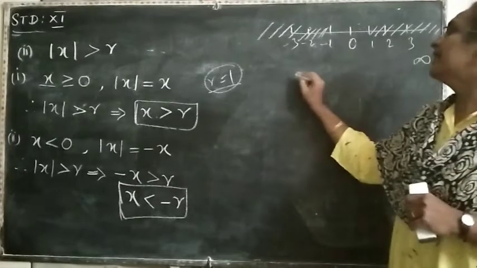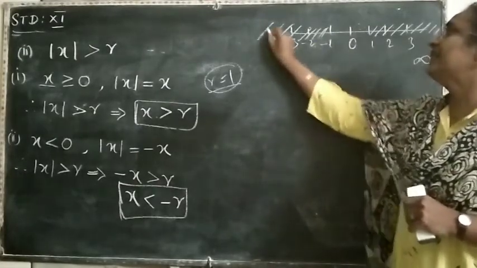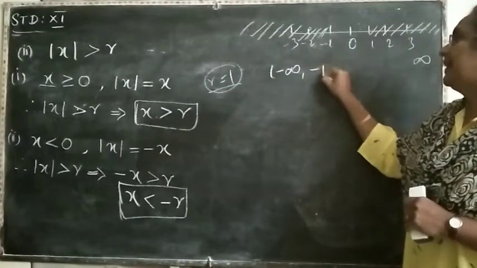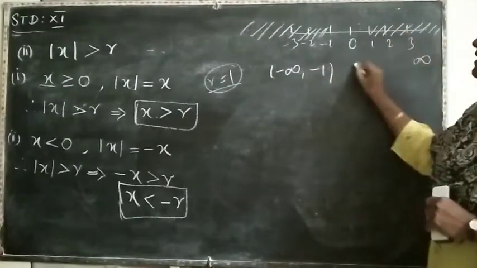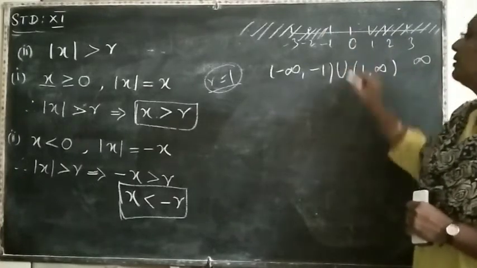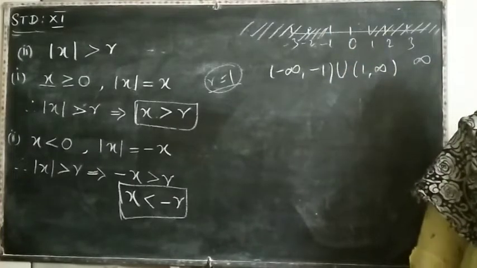அப்போ நம்ம இப்போ எப்படி எழுதலாம்? இந்த சைடு இப்படி போயிட்டே இருக்குது. மைனஸ் infinity, கம்மா, மைனஸ் 1, அடுத்தது 1, கம்மா infinity. ரெண்டுத்துக்கும் பொதுவான வேல்யூ யூனியன்னு எழுதலாம்.